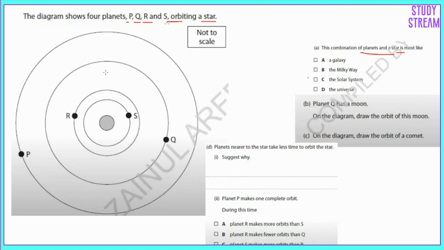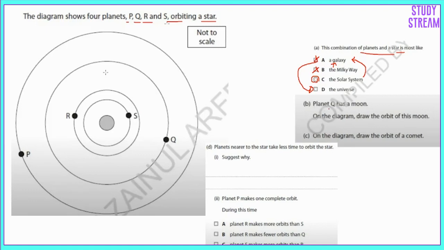Anybody knows? It's not a galaxy, right? Is it the solar system? Yeah, it's a solar system. Different solar systems will make a galaxy, right? And many galaxies will make a universe. Something like that. And the Milky Way is a galaxy as well.